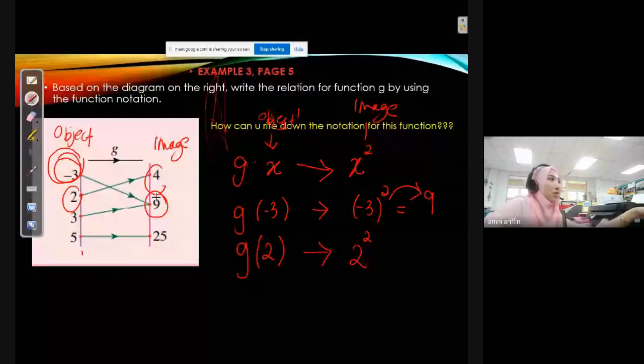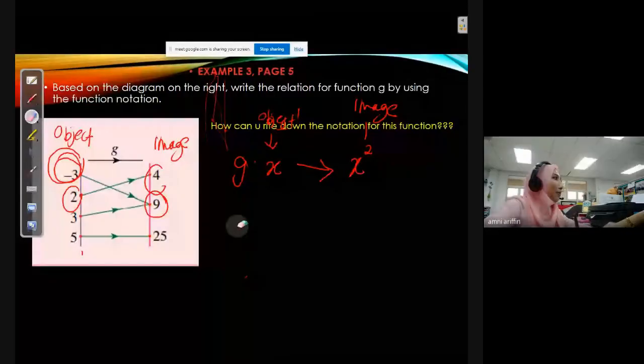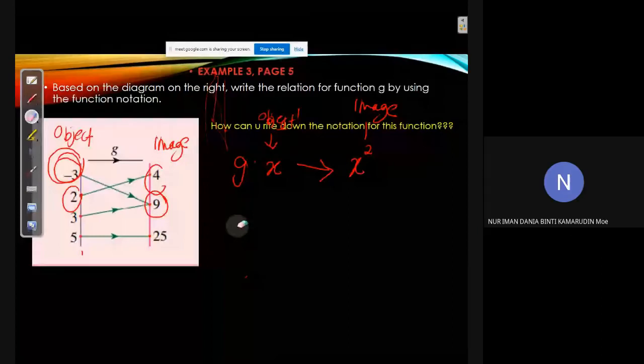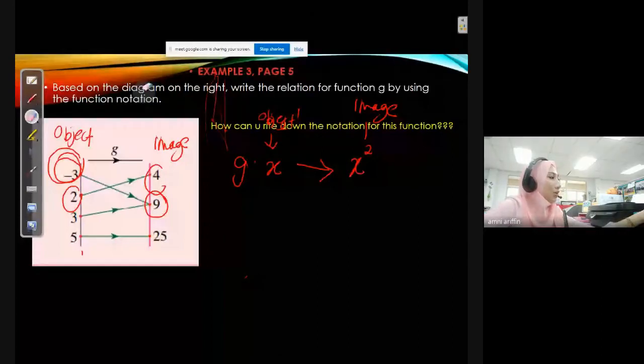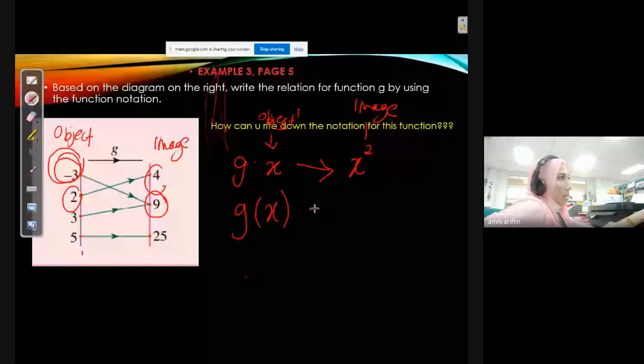So ini kamu nak tulis dia punya notation dia. So ini akan jadi g(x) equal to x square. So ini kita bila nak tulis dalam notation.